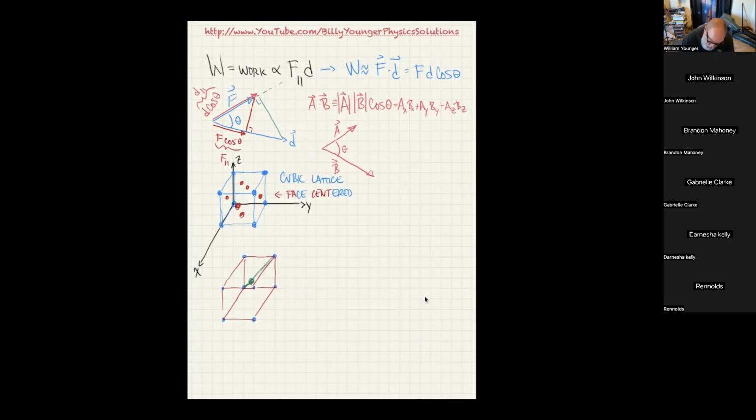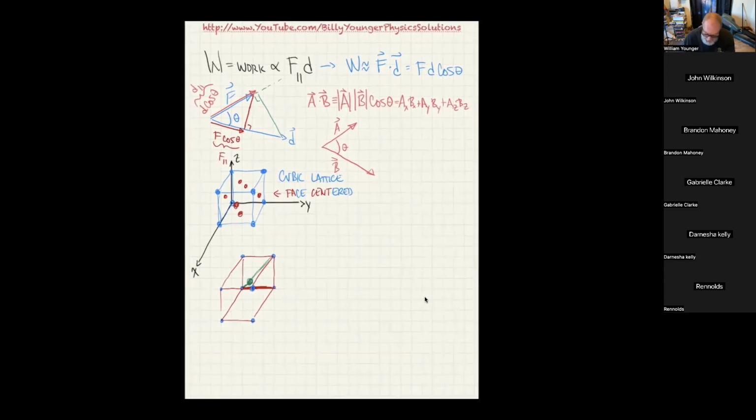Well, you might not know exactly what the angle is here between this bond and, let's say, this bond back here. So there's a bond between those back atoms and this middle atom.